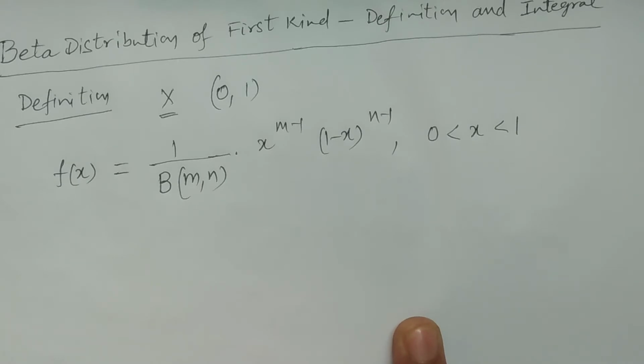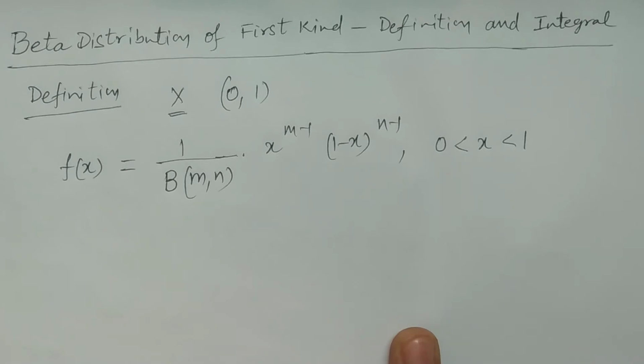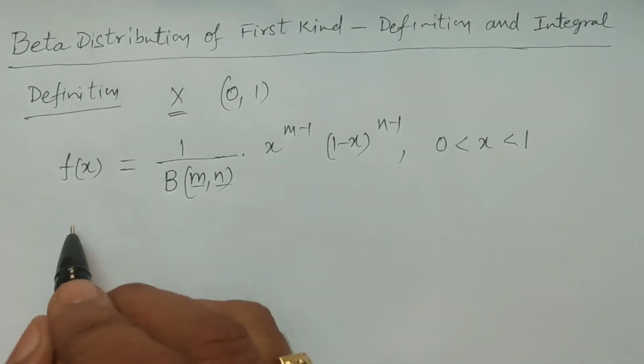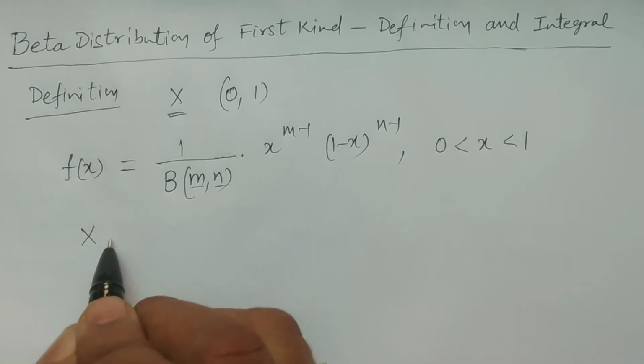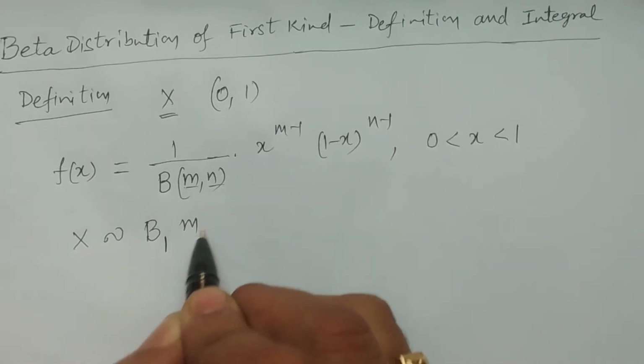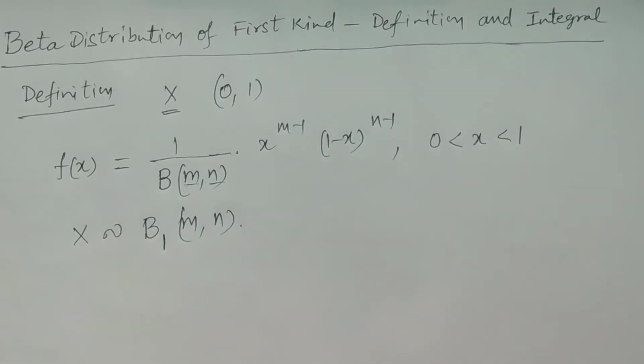Any random variable x having this particular probability density function is called beta distribution of the first kind with the parameters m comma n. It is denoted by x follows beta distribution of the first kind with parameters m comma n. This is the definition.